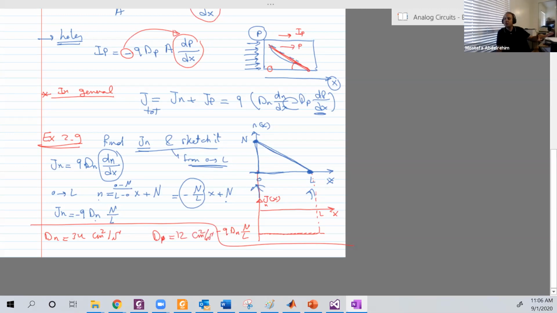Just like mu n and mu p. Again, here Dp is less than Dn. Again, the diffusion of electrons is faster than the diffusion of the holes. Okay, that's good.